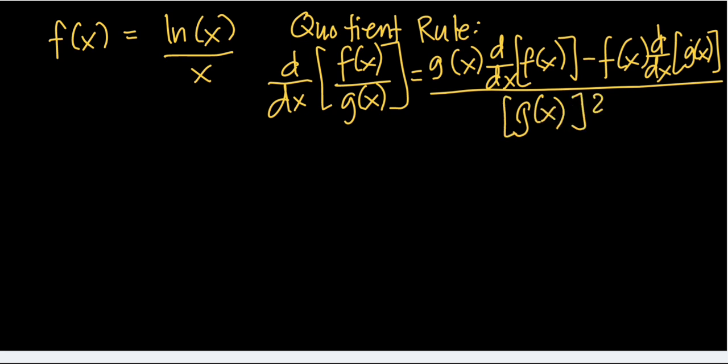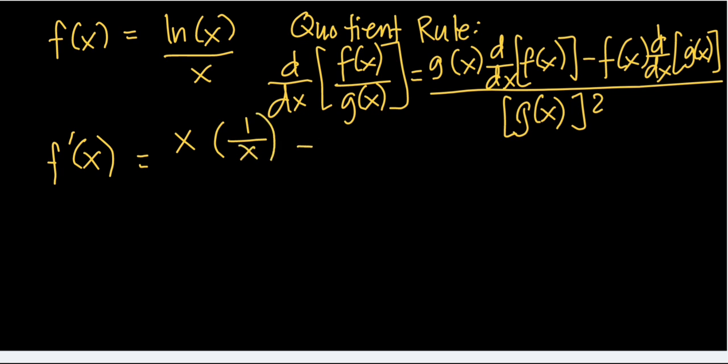Okay, so in this case we just denote derivative of f of x as f prime of x. So g of x here is x. So that is x times derivative of f of x, which is ln of x. That is, derivative of ln of x is 1 over x, right?